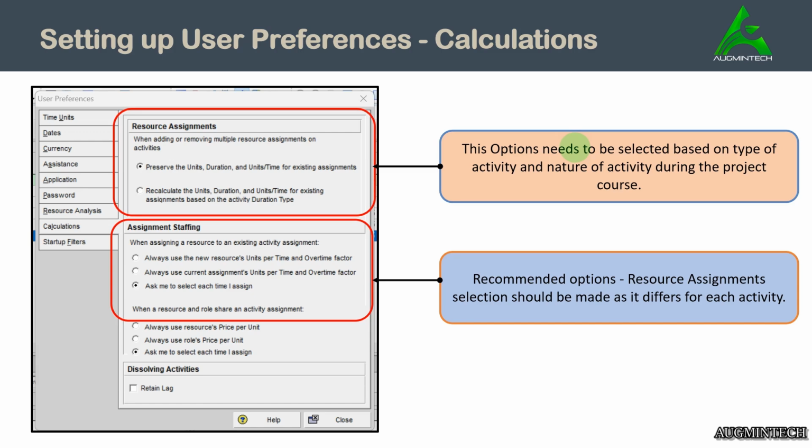This will be very dynamic in a project, so every time we assign a resource, we prefer that the tool asks us what resource variables are required for that particular activity.